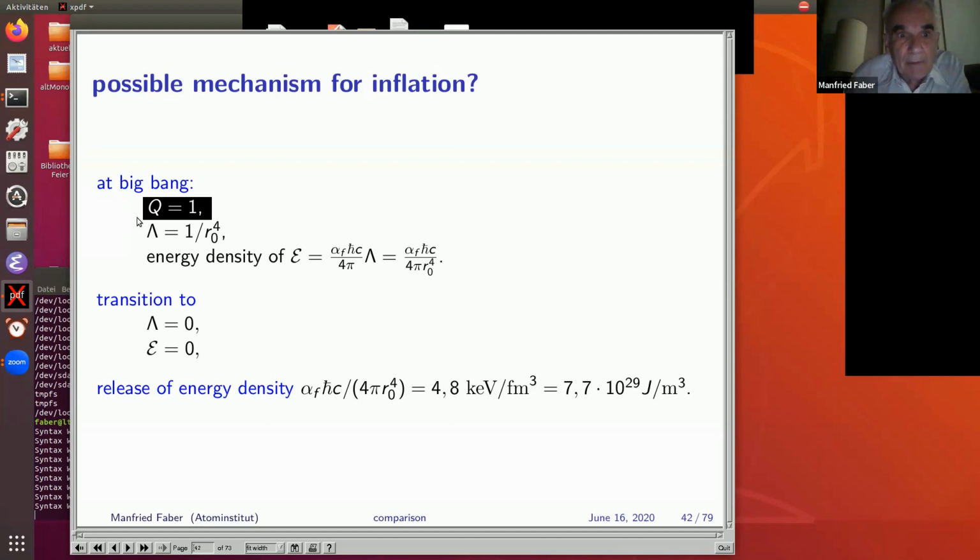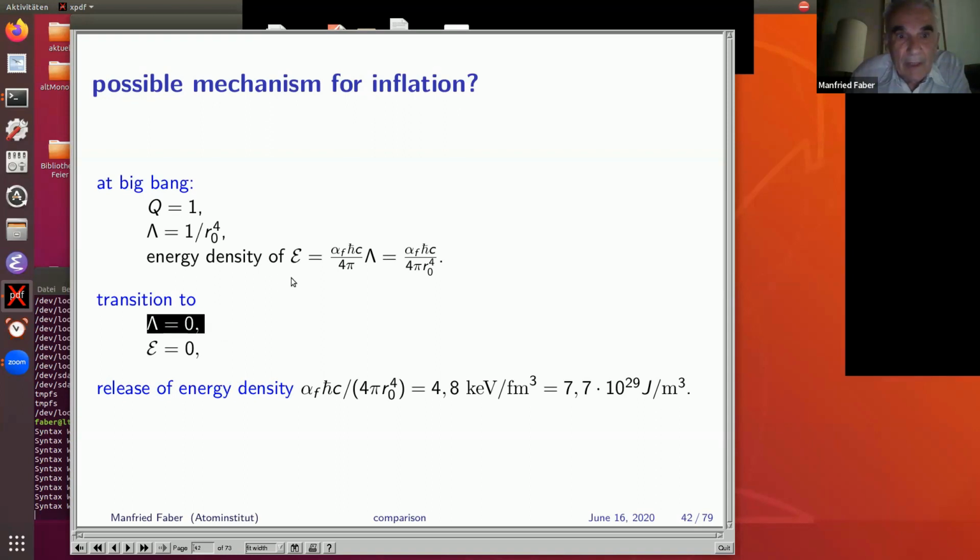And we have this potential energy lambda, which is proportional to 1 over R0 squared. And there can be a transition from Q equal 1, this is the north pole of S3, to the equatorial plane, where the potential energy lambda is 0. So at the north pole, the potential energy is 1 over R0 to the 4. R0 is the size of the solitons. And we make a transition to lambda equals 0.